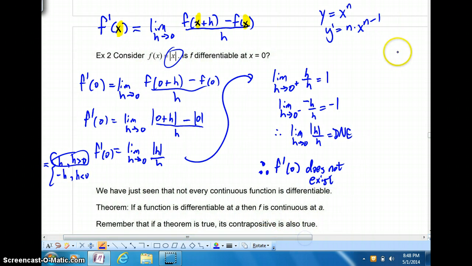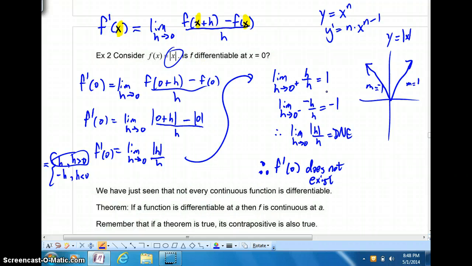You can get a real nice visual. Here's the absolute value function. The absolute value function, of course, is y equals x when x is positive, and y equals the opposite of x when x is negative. From the right-hand side of 0, we have a slope of 1. From the left side, we have negative 1, just like our limits would have shown us.